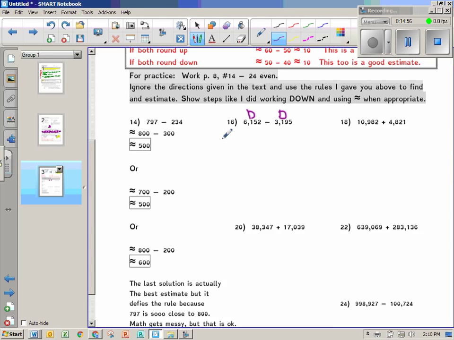Well, if I round both of those down, I will have what? 6,000 minus 3,000, which is approximately 3,000. Apologize for the poor handwriting there. It's harder to write on here than you would think it would be.